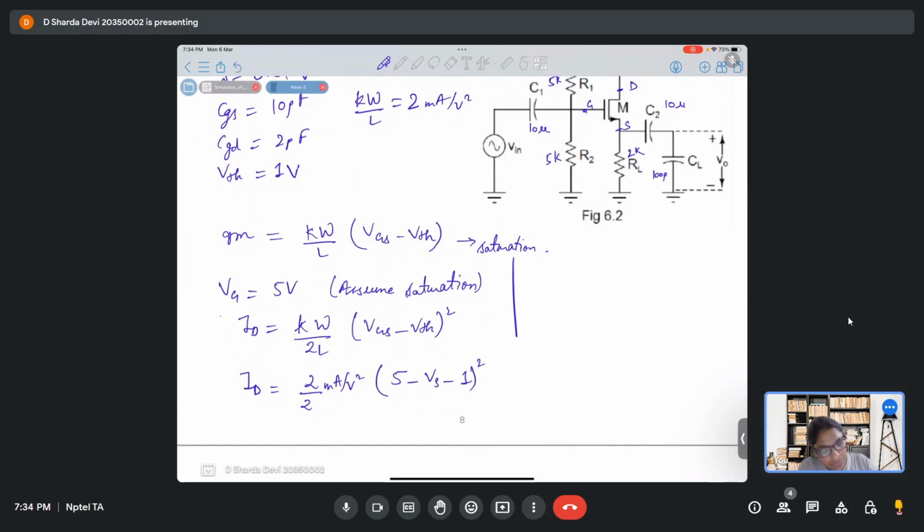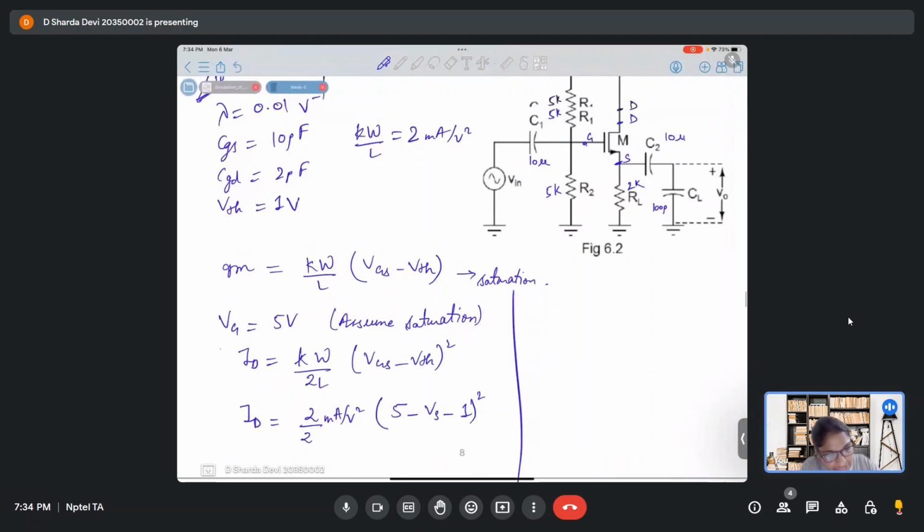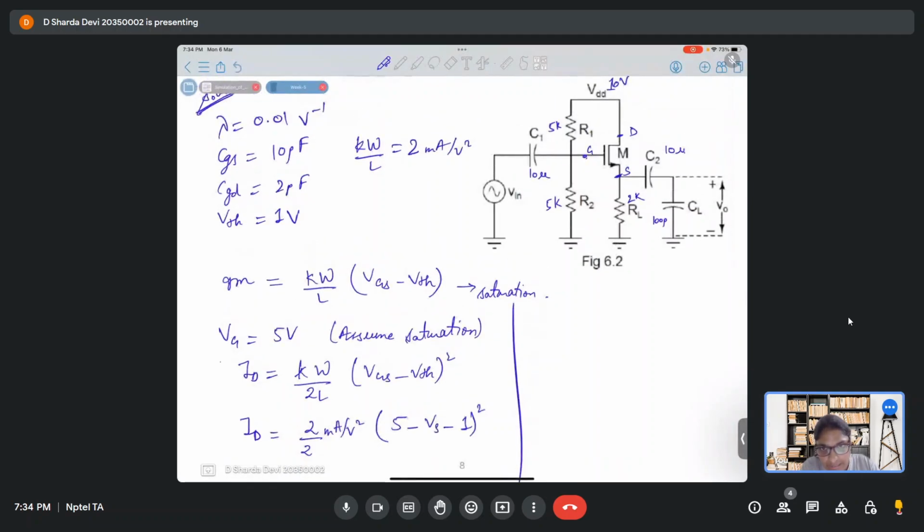Now if we look very carefully, VS is actually ID into RL, because this is series, so the same current will flow. If ID is flowing through the transistor, that same current will flow through the load. And since this is a DC current, the capacitor will block, so there will be no passage of current through the capacitor.